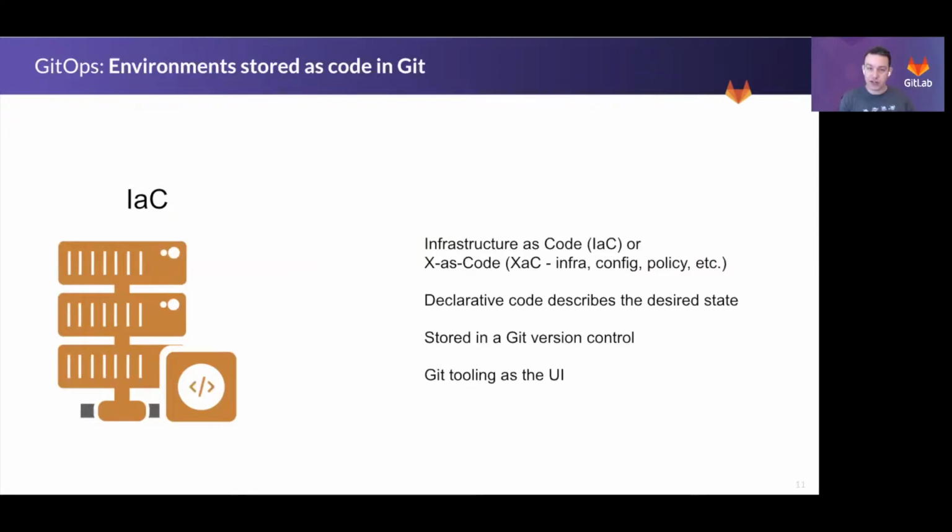All of a sudden you can version it, you can collaborate on it using standard development collaboration tools like Git that software developers have enjoyed, but now we can use it for operations. And so X as code is a powerful construct.